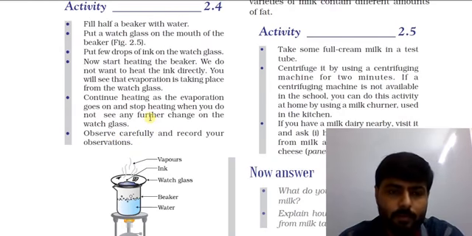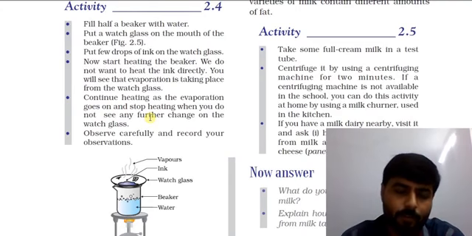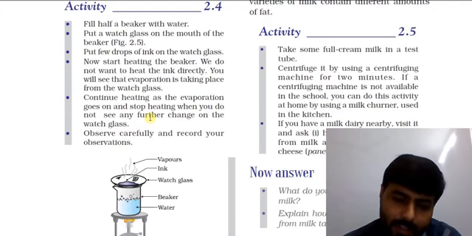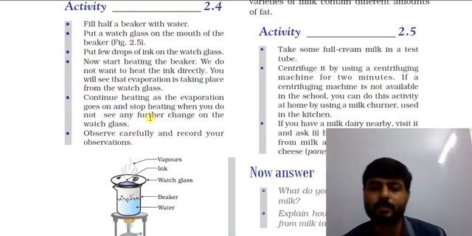First of all, we take a beaker half full with water. On it, we put a watch glass. In the watch glass, we add a few drops of ink. Now we start heating the beaker with the help of a burner. As the water heats up, it evaporates, and the hot vapor comes in contact with the watch glass and transfers its energy to the ink.